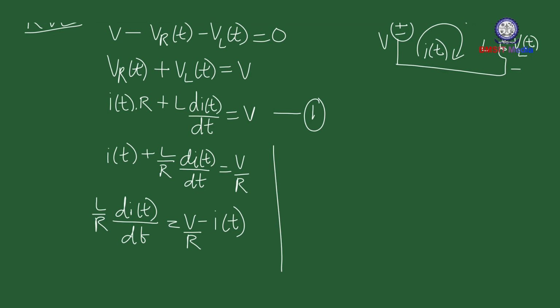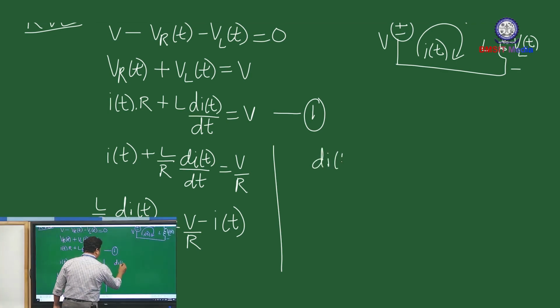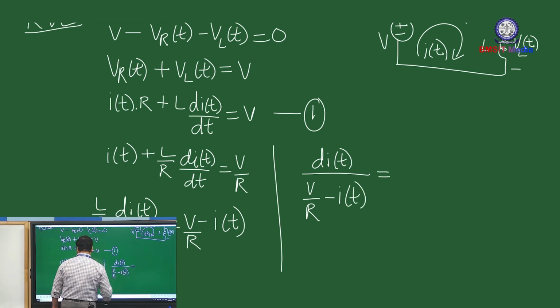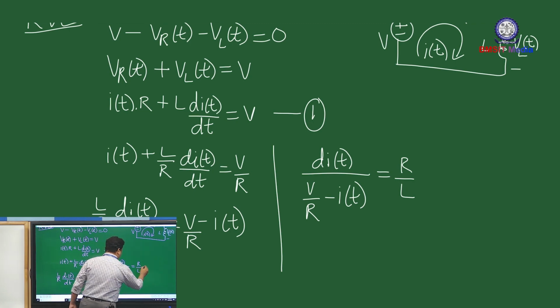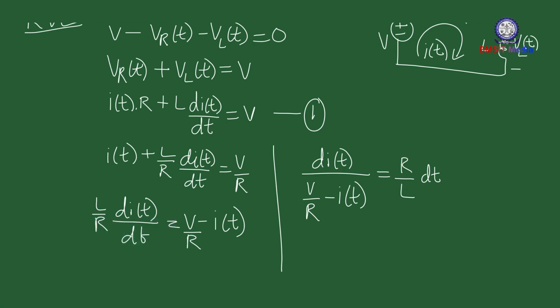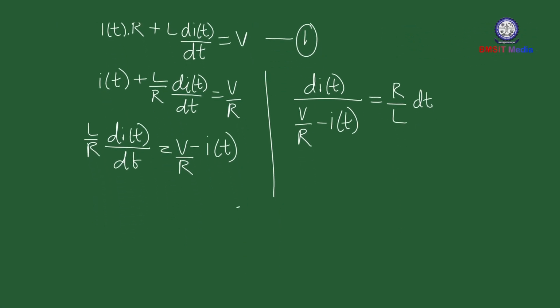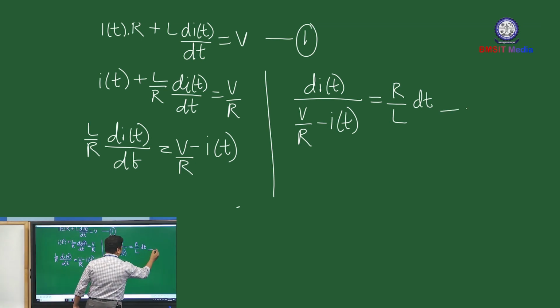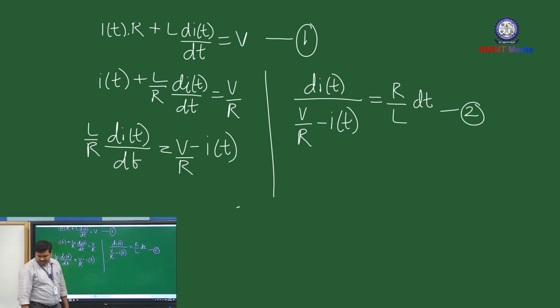Or I will write this as di of t divided by V by R minus I of t equals R by L into dt. Okay. So this is one form I have reached. Let me take this as equation 2.